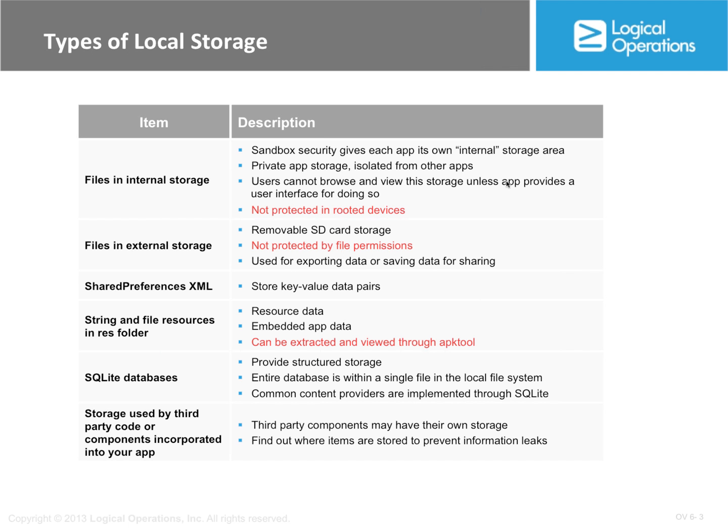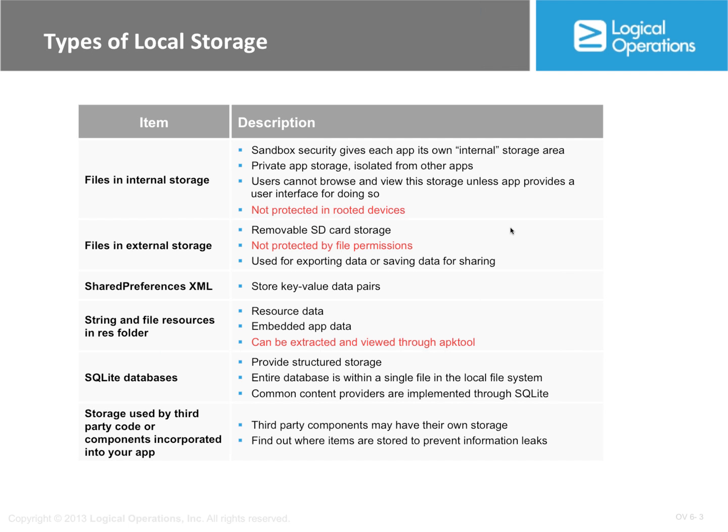Those strings of data and file resources in the res folder, or the resource folder. Understand that the resource data of the application can be extracted, and often is extracted, when employing the APK tool. Right? We talked about the APK tool in Module 1.